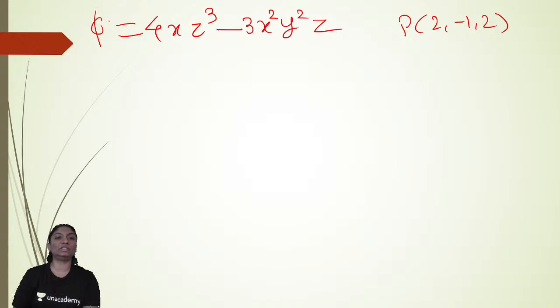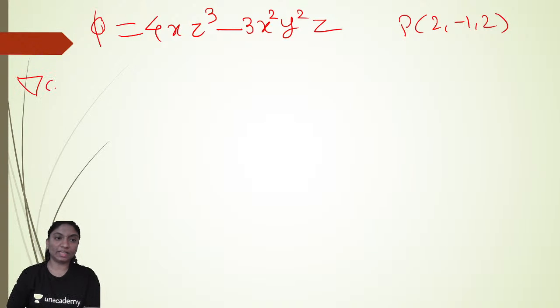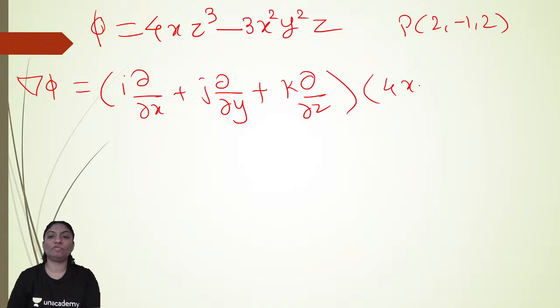So calculate first del phi. How to calculate del phi? Del phi is equal to i del by del x plus j del by del y plus k del by del z of phi. Phi is 4xz cube minus 3x square y square z.